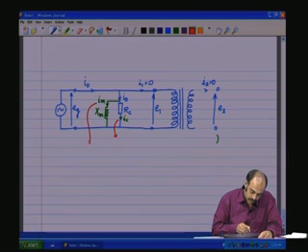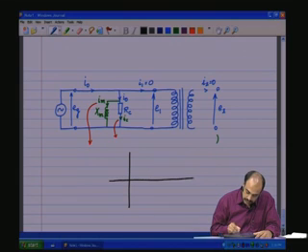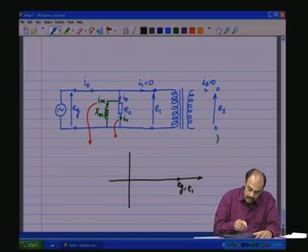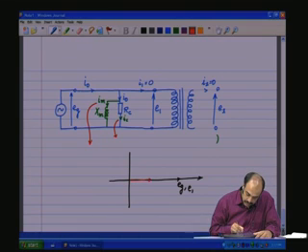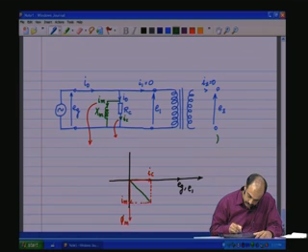So, if we have, let us say, the spatial coordinates, and along this axis I have Eg, which is same as E1, and along that is Ic, and 90 degrees lagging will be Im, which in fact produces phi m, the flux, and the resultant of Ic and Im will be I naught by Kirchhoff's current law.